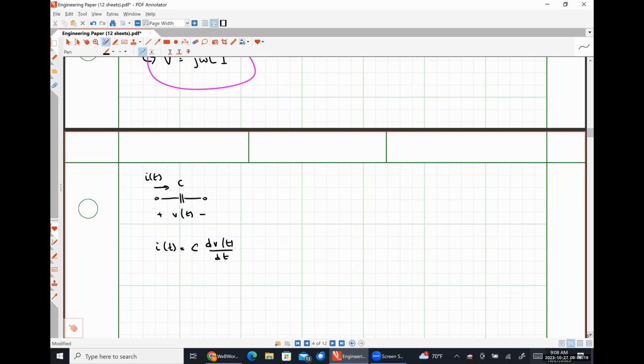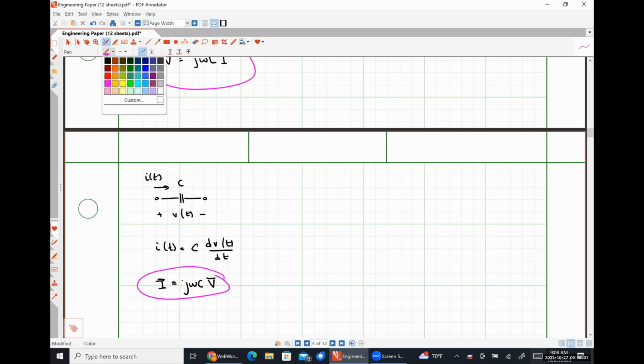So what we'll find is that I phasor is equal to j omega C times V phasor. So that's one of our relationships. We will have Im equal to omega C times Vm. That's our magnitude relationship.